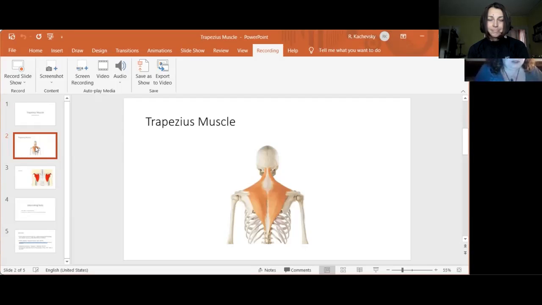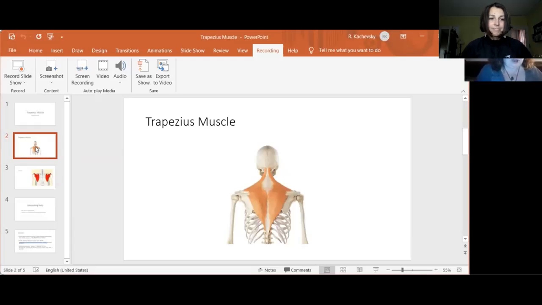They insert into the acromion of the scapula as well as the superior crest of the scapular spine. This part of the trapezius is referred to as the transverse part of the trapezius.